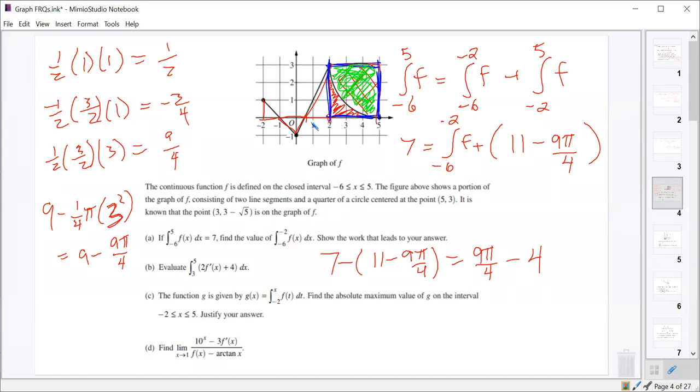Oh, I see. And the quarter circle is a quarter of pi r squared. Yeah, I didn't realize the quarter circle part. Thank you. No problem. Everybody good with that now? Okay. Cool.